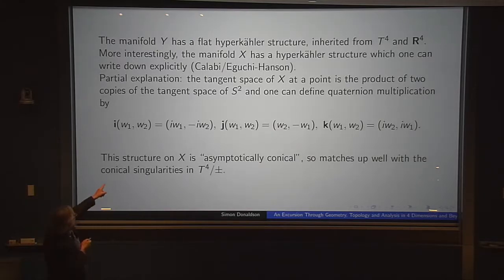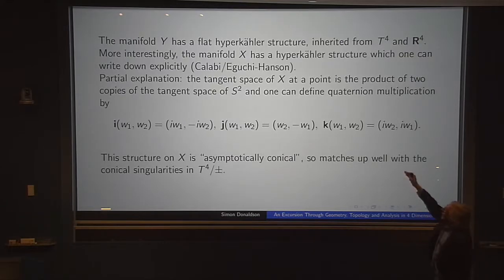So we have bold I multiplying (W1, W2). That's given by the ordinary I times W1, where that's the ordinary complex number multiplication, but we use minus I on the other term. And then for J, we also introduce interchanging W1 and W2, and so forth.